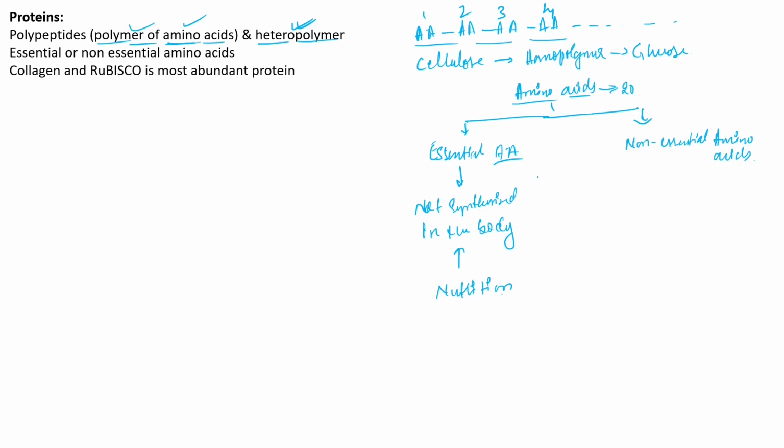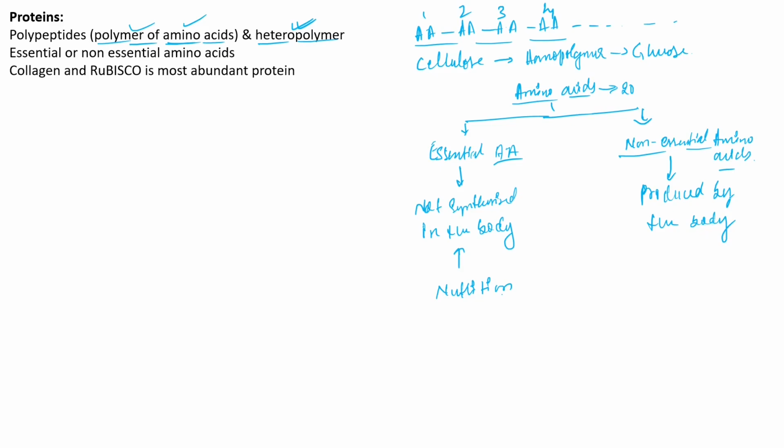On the contrary, we have non-essential amino acids. Now it is exactly opposite to that of the essential amino acids, that is they can be produced by the body. They can be synthesized by the body, and there is no necessity that these amino acids should be obtained through nutrition or diet.